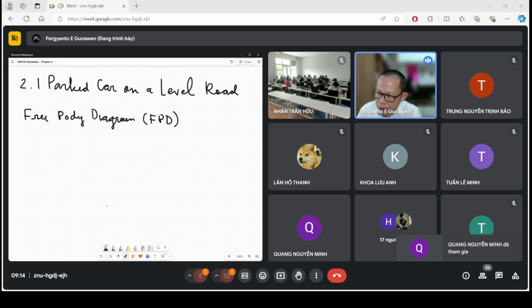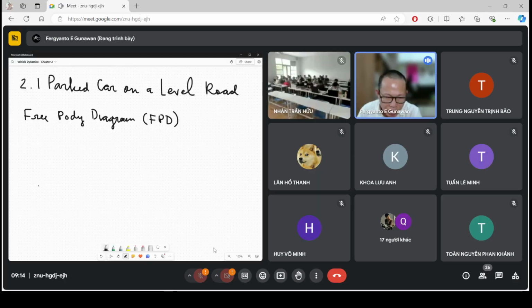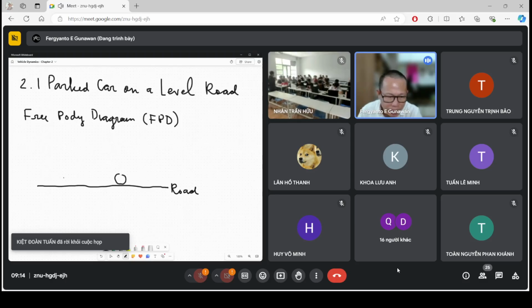The free body diagram of a car is very simple. Imagine we have a flat surface. Imagine this is a road here, and we have a car wheel on this side.